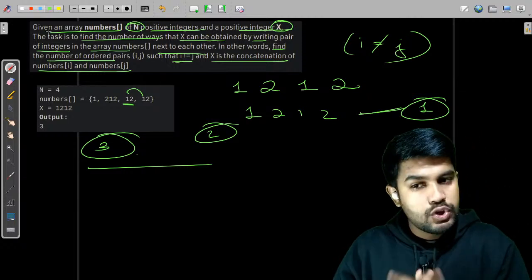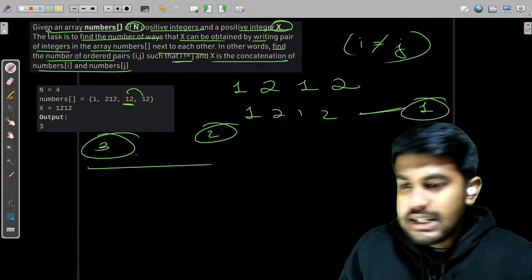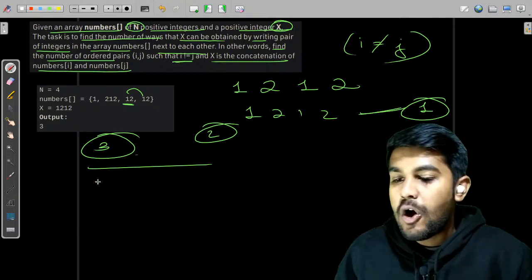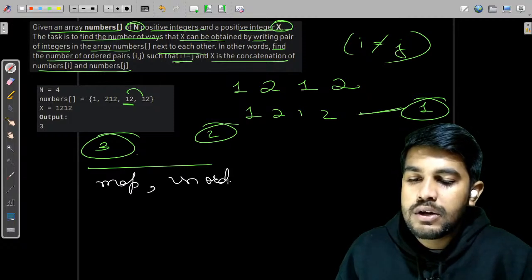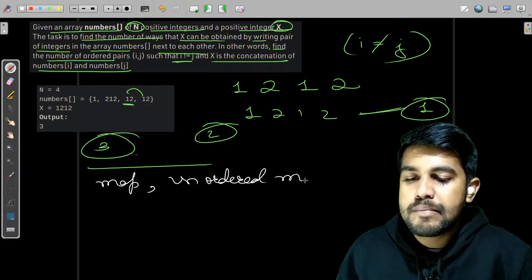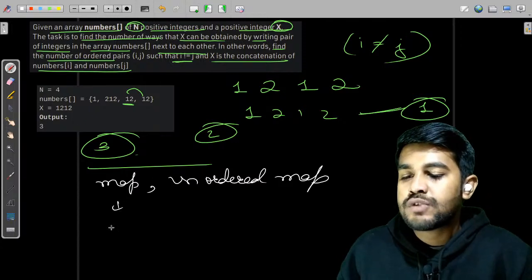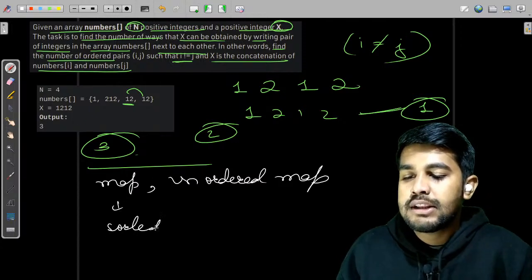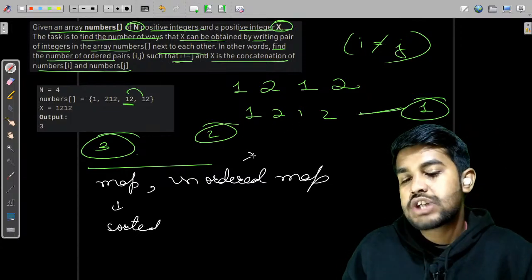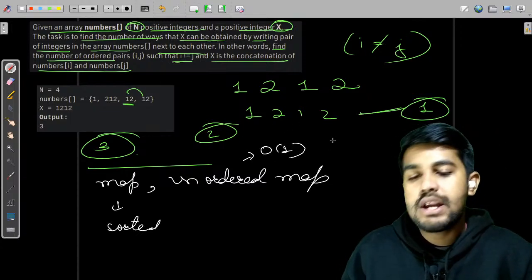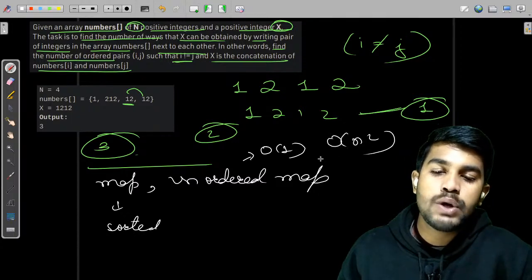This is what I would do. So what I can do is take help of a map or an unordered map. A map would store in sorted order, and an unordered map would store in unsorted order. The unordered map has an average time complexity of big O of 1 and a worst time complexity of big O of n square.